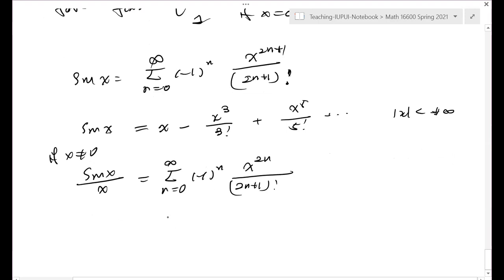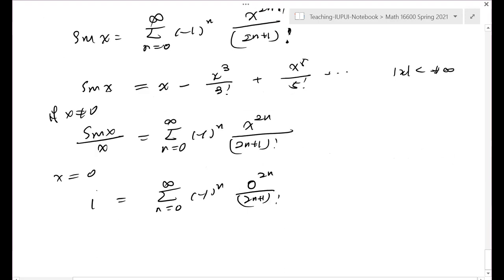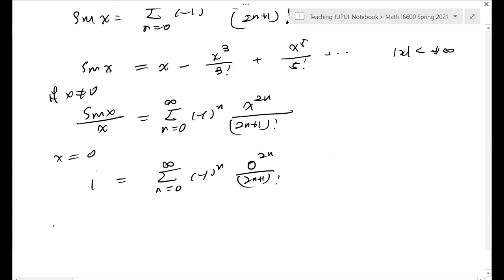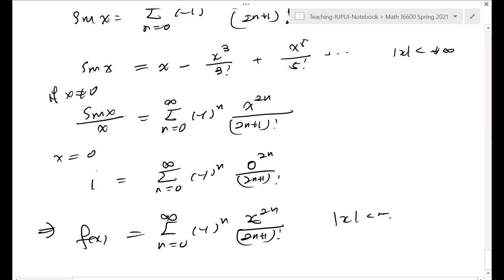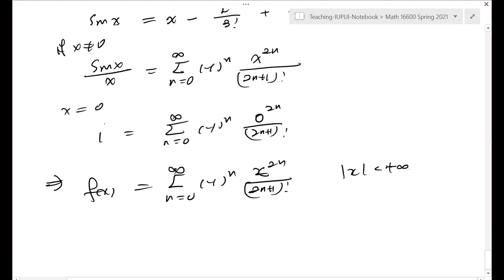So when x equals 0, the 1 is going to be 0 to the 2n's, right? This still holds. Okay, so therefore, you conclude that f of x equals this series, okay, and this holds for an arbitrary x. Great. So we get the power series representation.